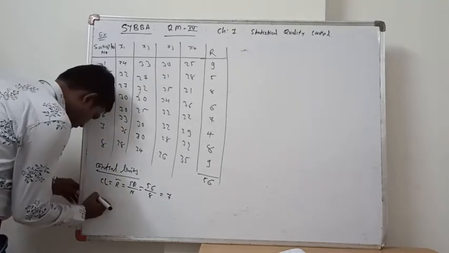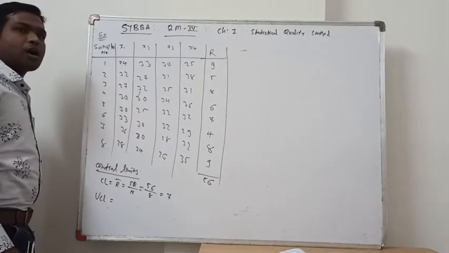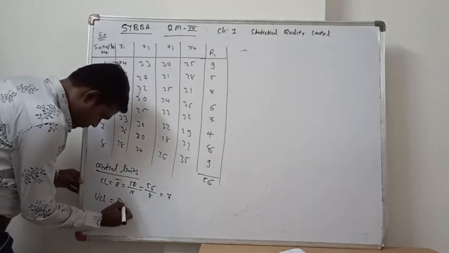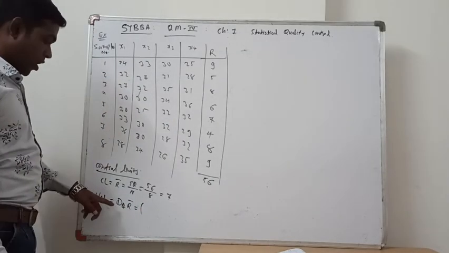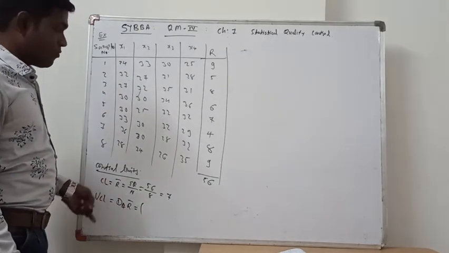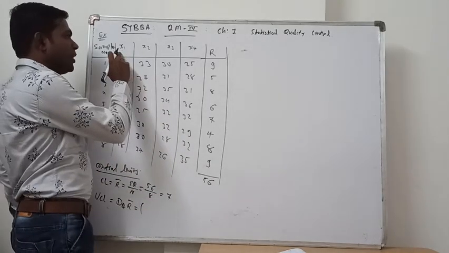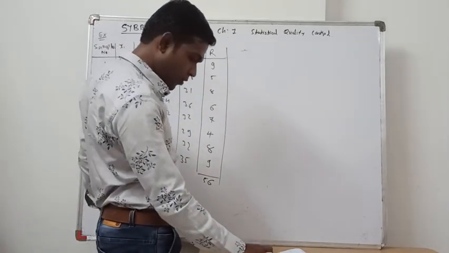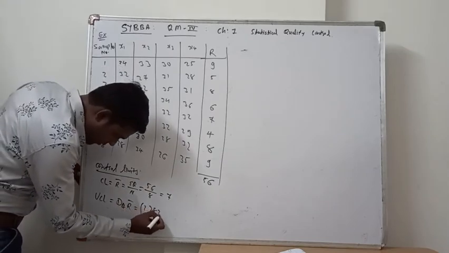Next we have to find the UCL, the upper control limit. The formula is D4 R bar. The value of D4 we find from the statistical quality control table. Over here small n is how many observations? 1, 2, 3 and 4 observations. The value of D4 is 2.282, that you get from the table.